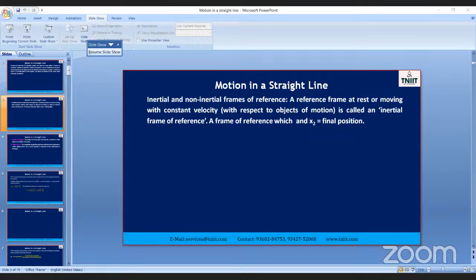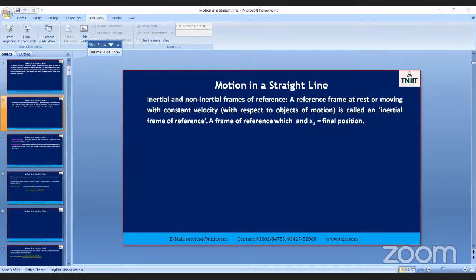Now let us consider a particle. Initially it is at the point A. Now the body is going to move to the final point. The body has moved to the final point. Let us say the final point is B. Now the total path length of this AB is 20 meter.